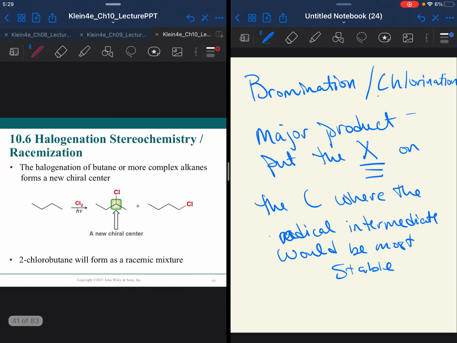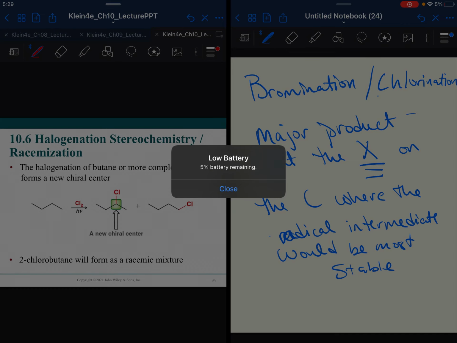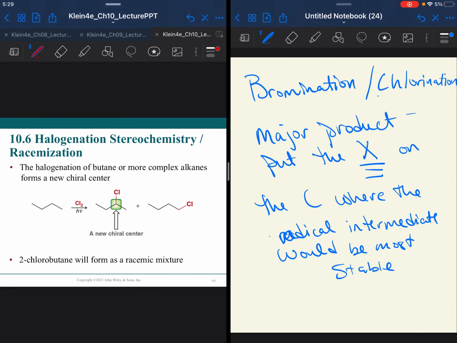As far as stereochemistry is concerned, we think about that chiral center. If a new chiral center is formed, for instance like in this reaction, you're going to get a mixture of products. It's not like an SN2.